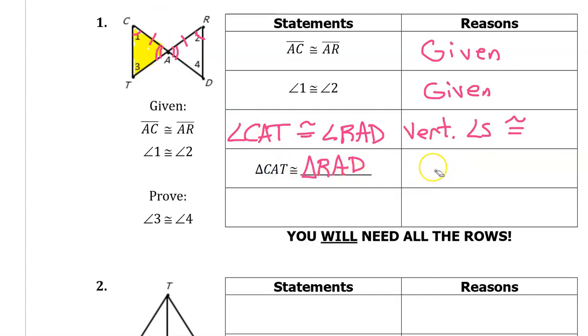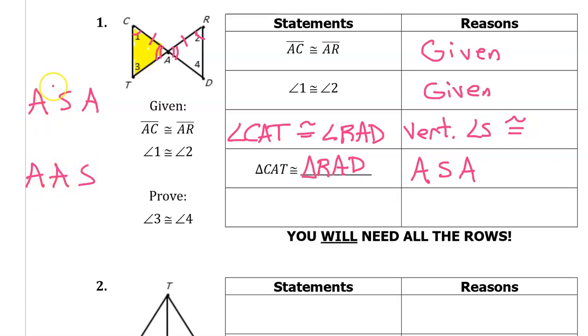We're talking about something like side, side, side, or side, angle, side, that type of thing. And I see that we have two angles and a side. It was either going to be angle, side, angle, or maybe angle, angle, side. Both of these involve two angles and a side.